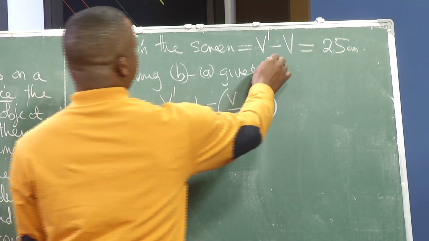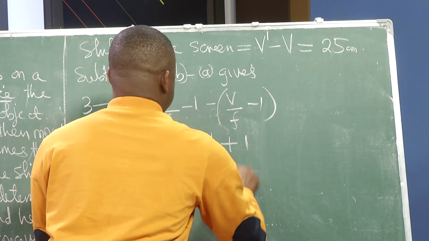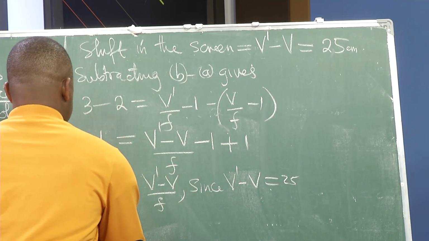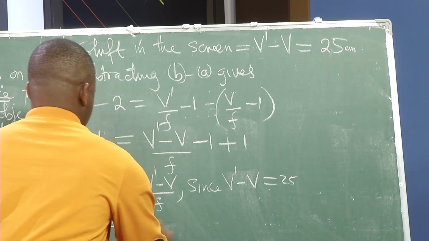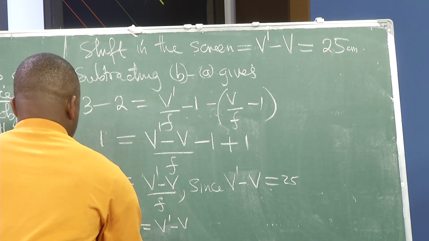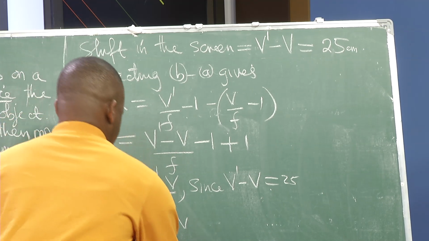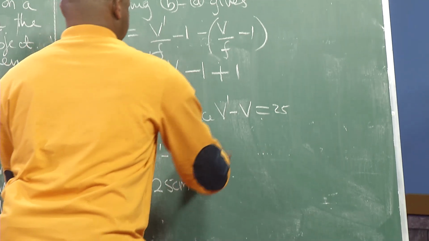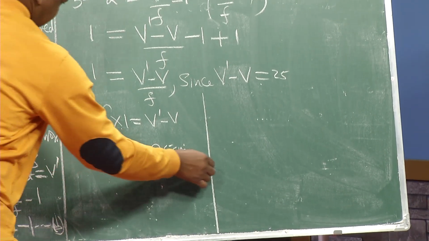Since V prime minus V is 25, it implies that by cross multiplication, F times 1 is equal to V prime minus V. And therefore, from here, we can get the focal length as 25 centimeters.